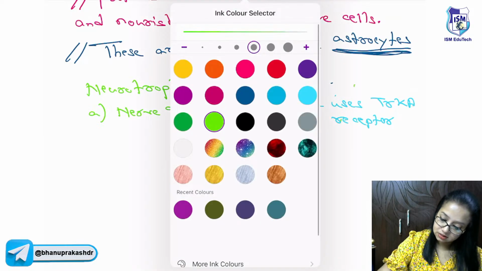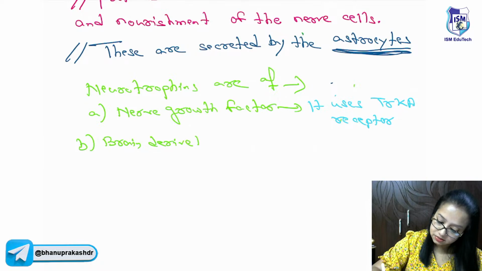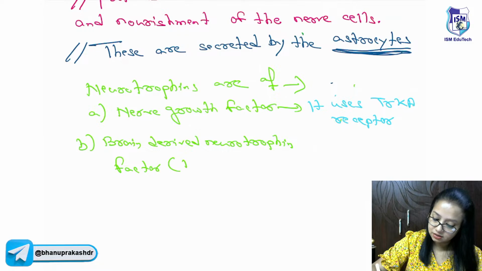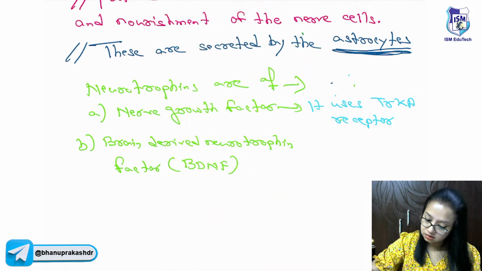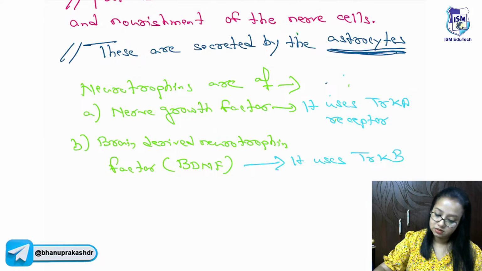Okay, next one is brain derived neurotrophin factor, abbreviated as BDNF. It uses tyrosine kinase B receptor.